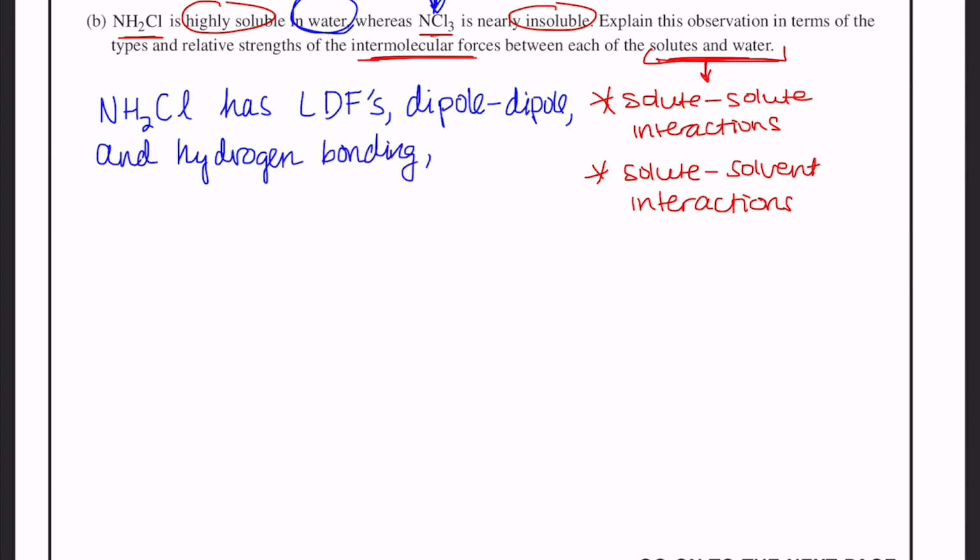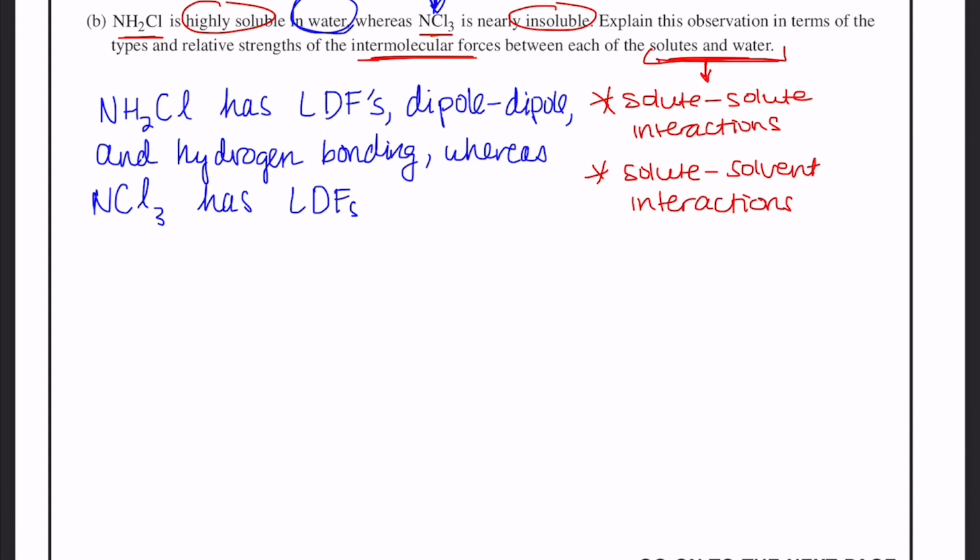And then now you need to list the intermolecular forces of the other one because you're comparing. So obviously NCl3 has to have LDFs. And we do not see any capability of hydrogen bonding here. And also it says that it is nearly insoluble, so that should be giving you a hint that this is nonpolar. NCl3 is a nonpolar molecule, so only LDFs makes sense.